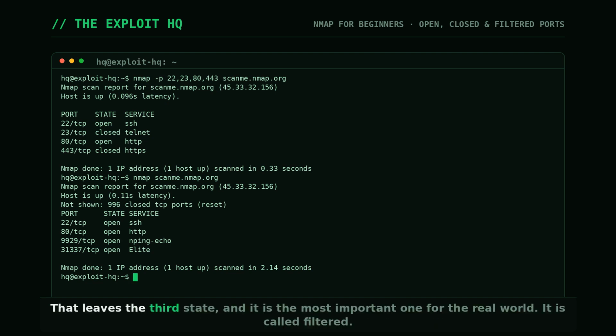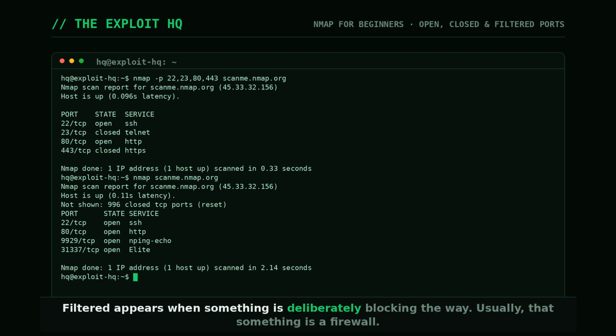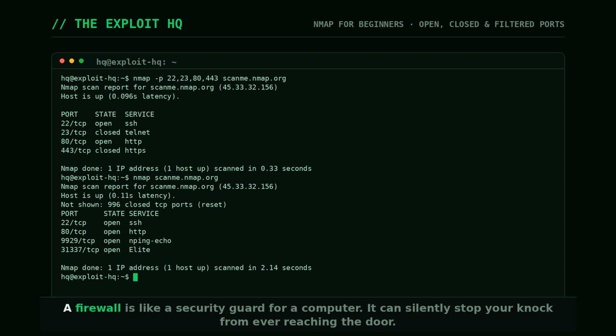That leaves the 3rd state, and it is the most important one for the real world. It is called filtered. Filtered appears when something is deliberately blocking the way. Usually, that something is a firewall. A firewall is like a security guard for a computer. It can silently stop your knock from ever reaching the door.